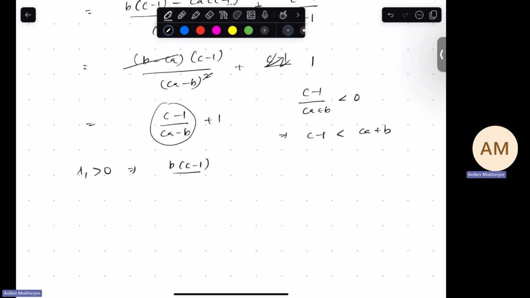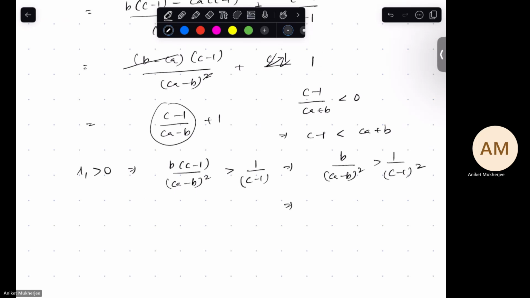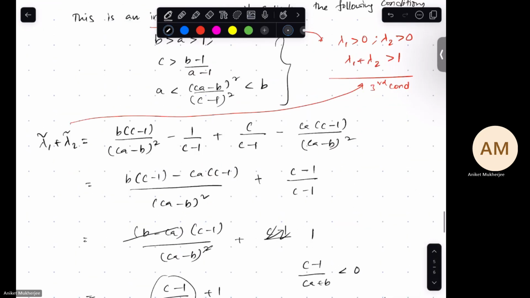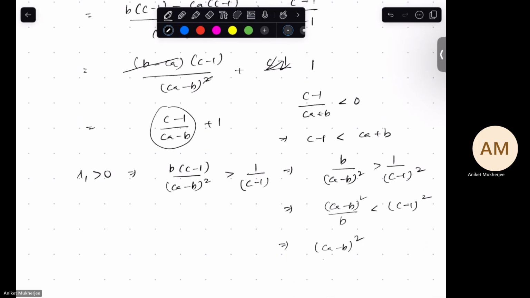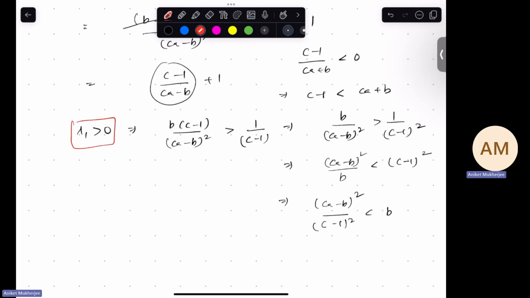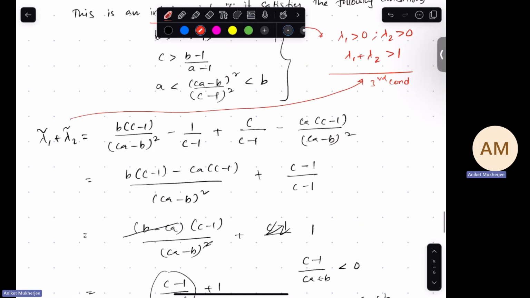we'll get bc minus 1 by ca minus b whole square is greater than... Okay, so from this condition, lambda 1 greater than 0, we have gotten CA minus B whole square by C minus 1 whole square less than B. So this condition, right?